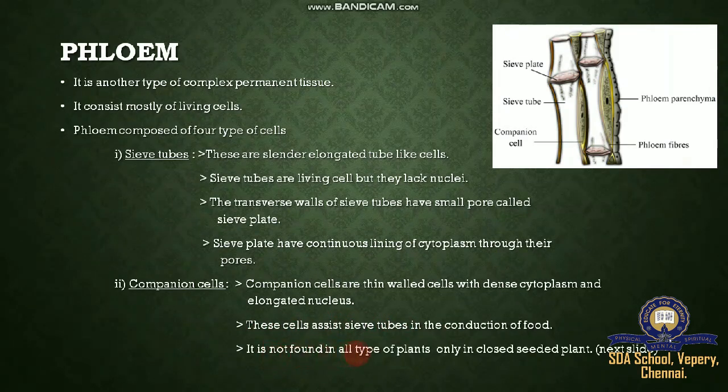They are not found in all types of plants, only in closed-seeded plants called angiosperms; open-seeded plants are gymnosperms. So angiospermic plants alone have companion cells, which give very good assistance to the sieve elements. Then the next cells are the phloem parenchyma and phloem fiber.